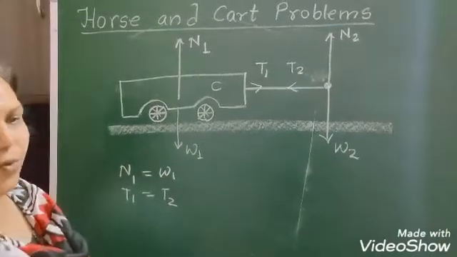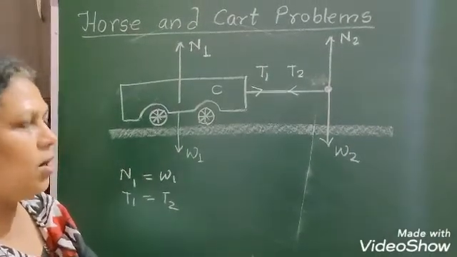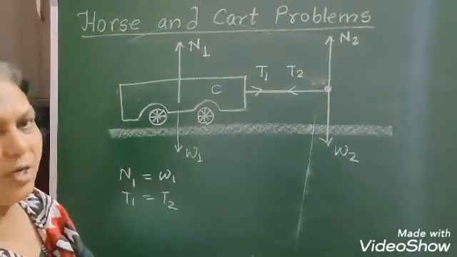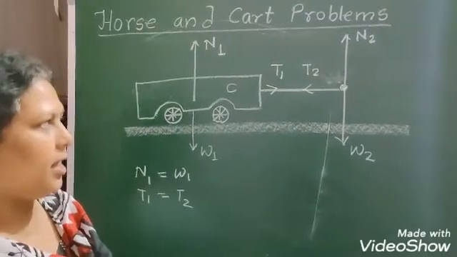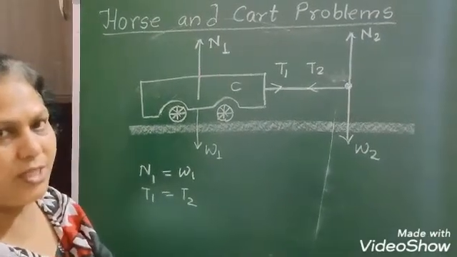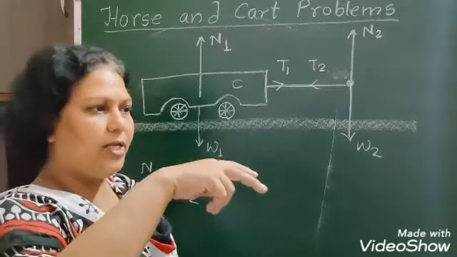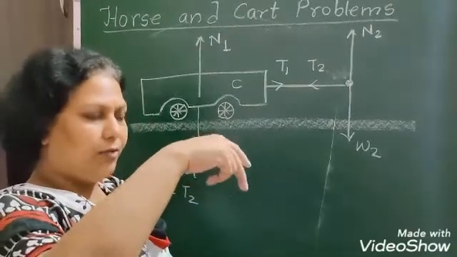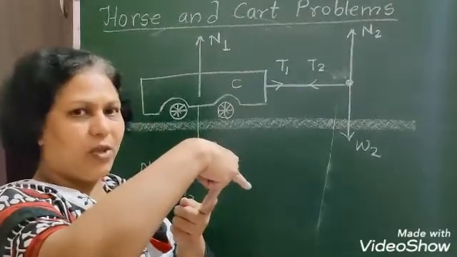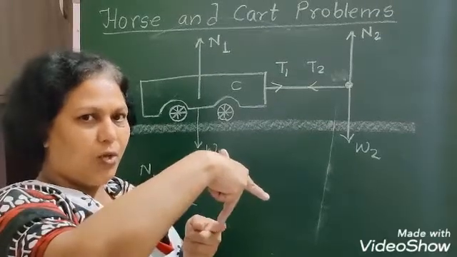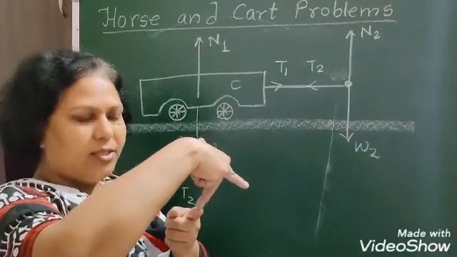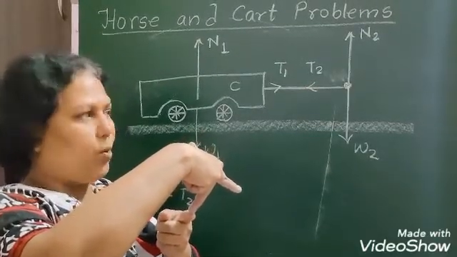Okay. And what we will see now: to move in the forward direction, the horse has to push the ground with its feet. When the horse is moving, you can find that the legs or feet are tilted in this way. That means pushing the ground, tilted just making an angle theta with the horizontal.